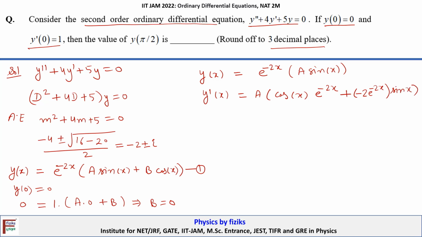Now substituting the second condition, that y dash at 0 is 1, this y dash becomes 1 at x is equal to 0.